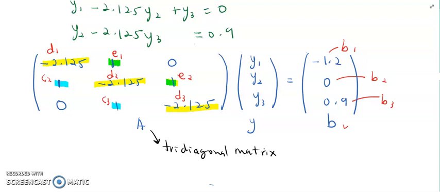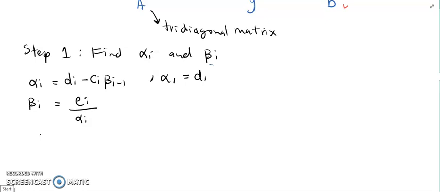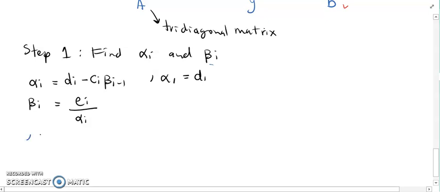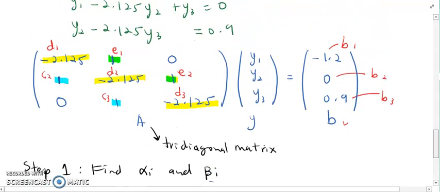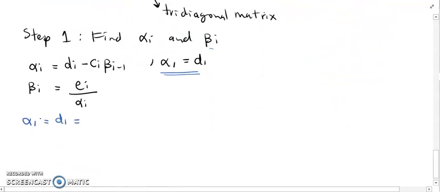To use the Thomas algorithm, the first step is always to find the alpha i and beta i values. These formulas will be used to find alpha i and beta i, and they will also be given in your final exam paper. First we need to find alpha 1. Alpha 1 equals D1, which is negative 2.125.